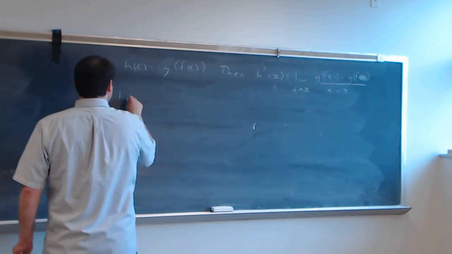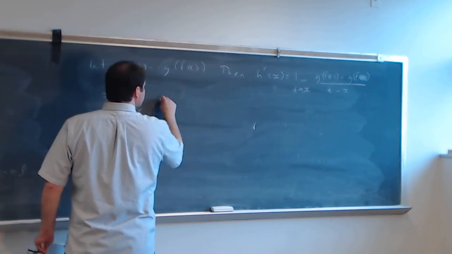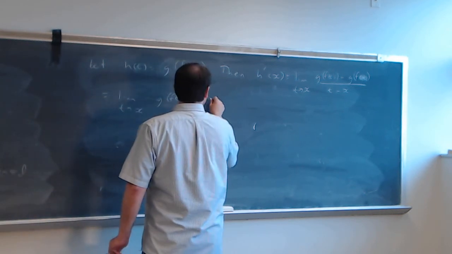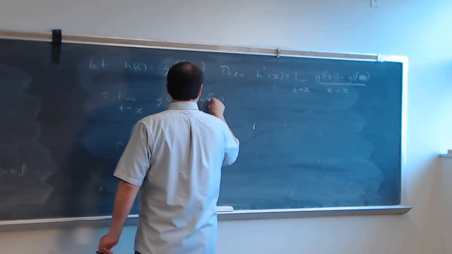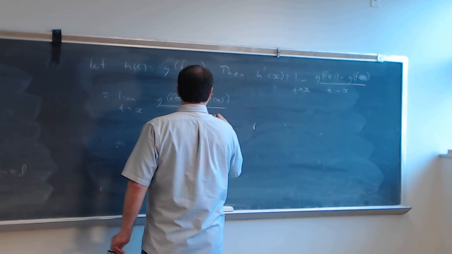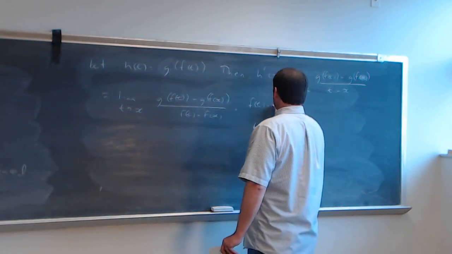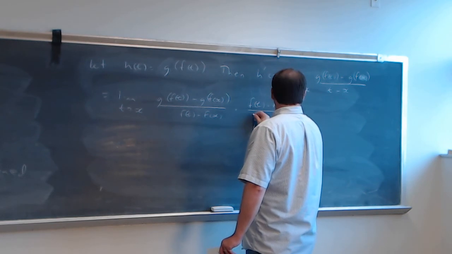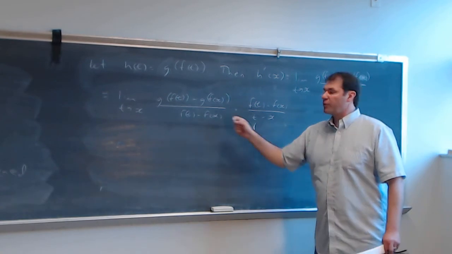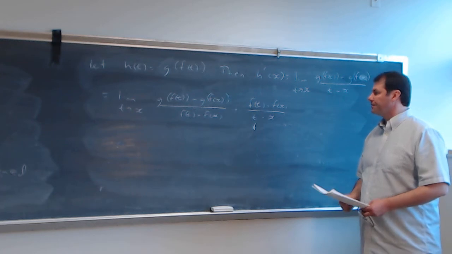And that's equal to the limit as t goes to x of g of f of t minus g of f of x all over f of t minus f of x times f of t minus f of x all over t minus x, where I have really introduced this f of t minus f of x in both the top and the bottom, so that's just multiplying by a funny looking 1, and then rearranging the fraction slightly.